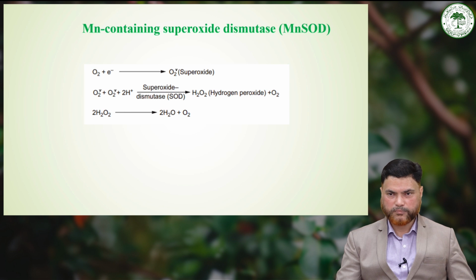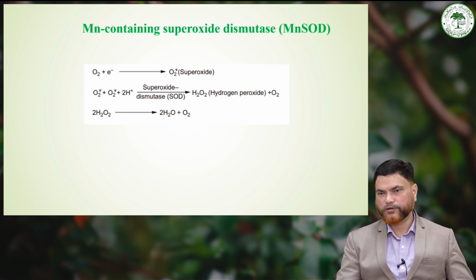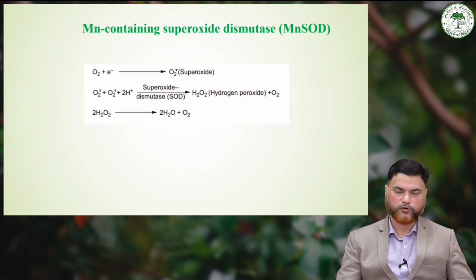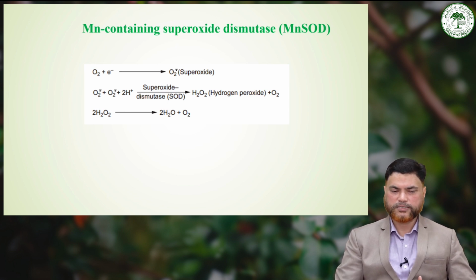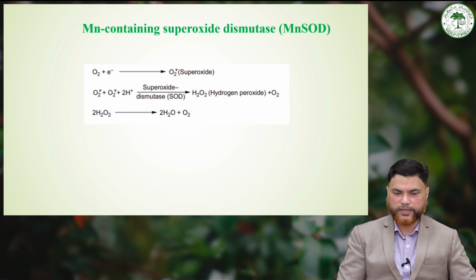Within this mechanism, you see a cluster comprising 4 manganese atoms accompanied by 1 calcium atom, forming the manganese 4 calcium cluster, which facilitates the 4 electron oxidation of 2 water molecules. So you see how manganese is playing a role in the water splitting system associated with PS2.